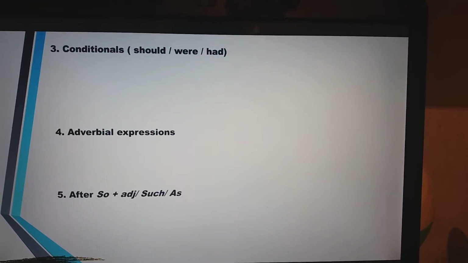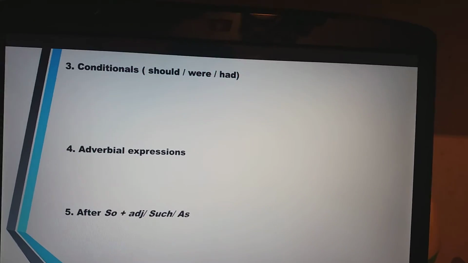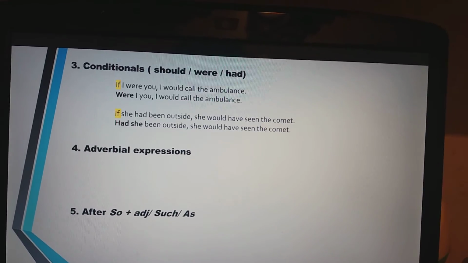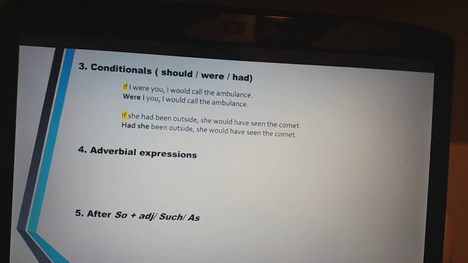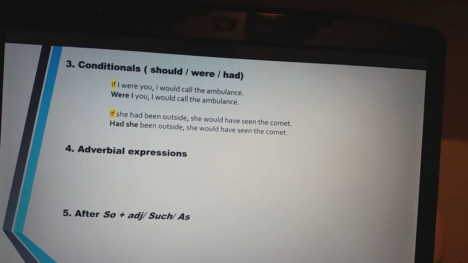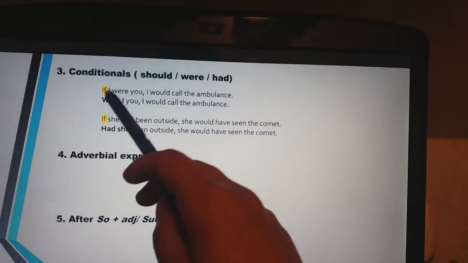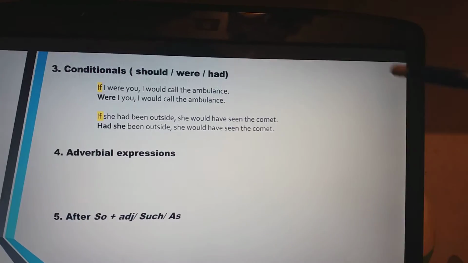Let's move on. Inversion happens also with conditionals: should, were, had. For instance, if I were you, I would call the ambulance. This is the second conditional, because we have past simple, would, bare infinitive.